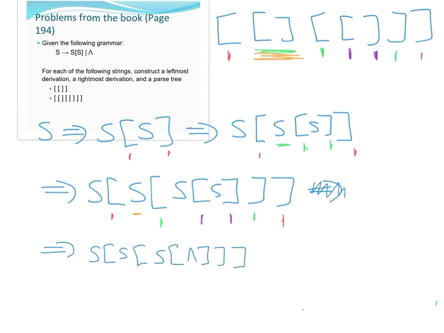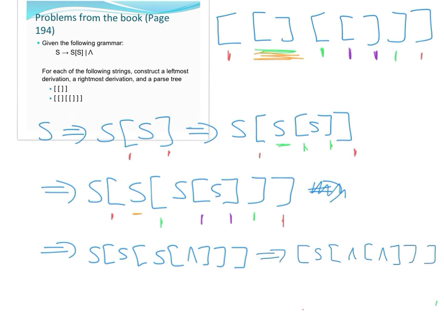Great. And now we need to do rightmost expansion again. This one corresponds to that one, which is just another lambda. So that goes to bracket S, bracket, lambda, 1, 2, 3.